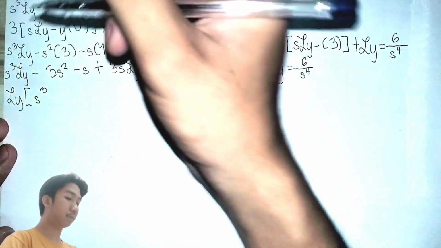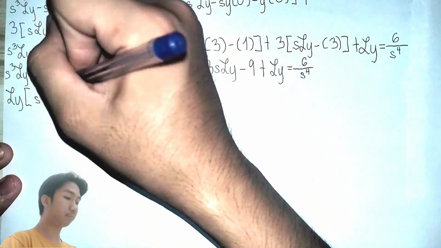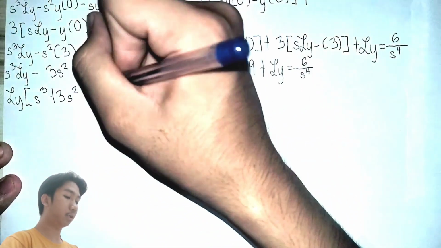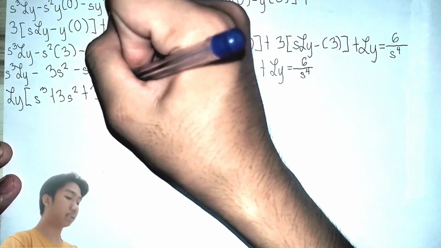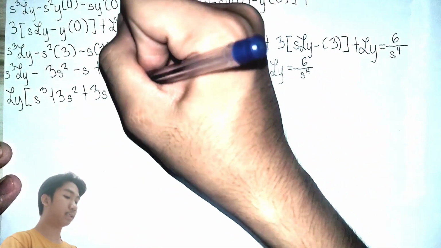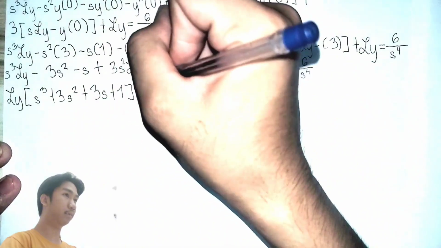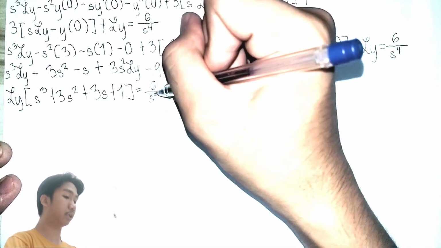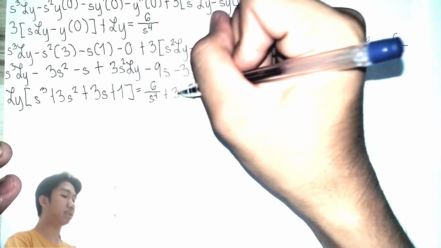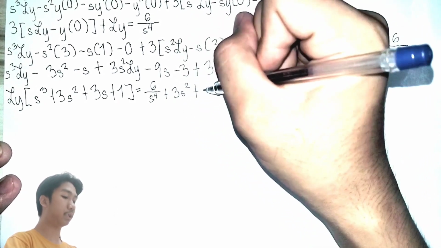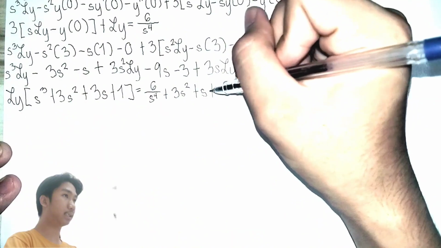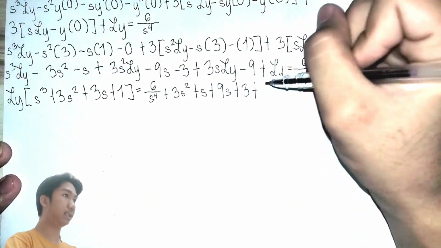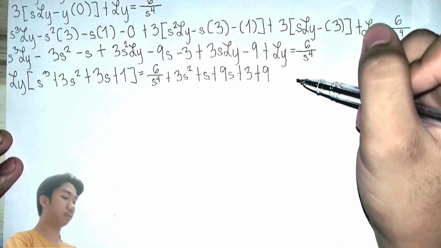And we simplify it further. That would be the Laplace of y times the quantity s cubed plus 3s squared plus 3s plus 1 is equal to, we transpose the other terms to the other side, 6 over s raised to 4 plus 3s squared plus s plus 9s plus 3 plus 9.